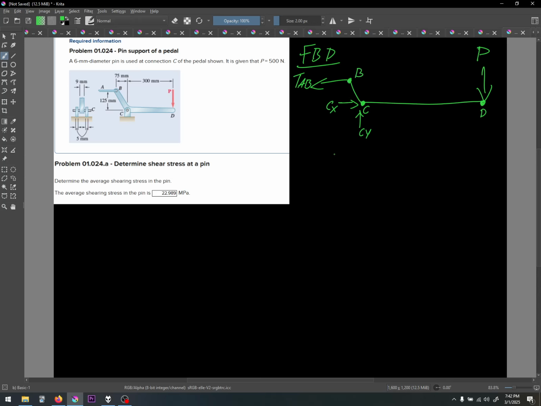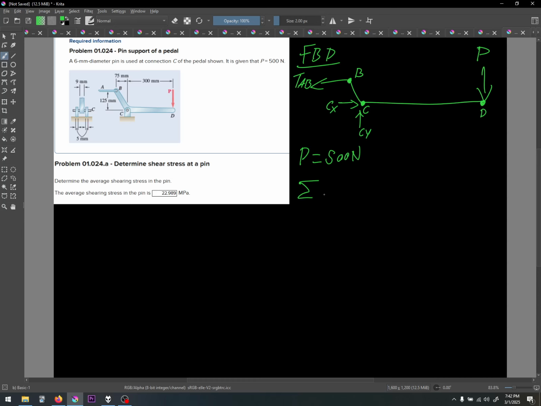All right. So first thing is first, I would take a moment about C. This would give us T_AB and P, because we know that P is equal to 500 newtons. So really it would just give us T_AB.